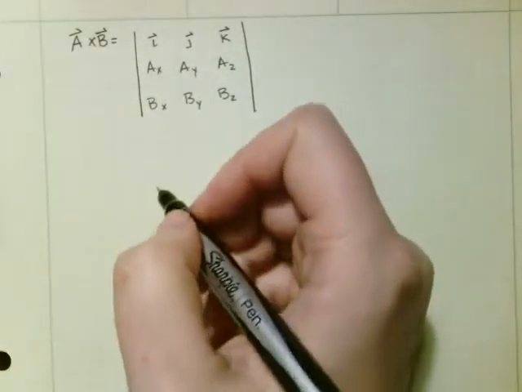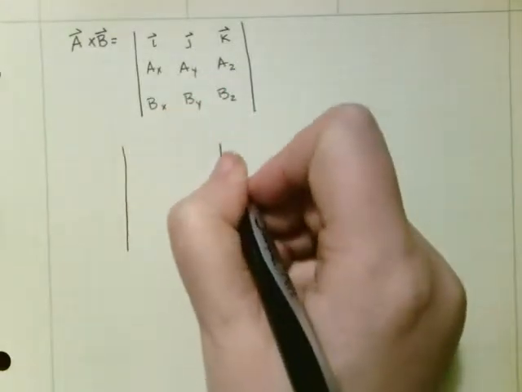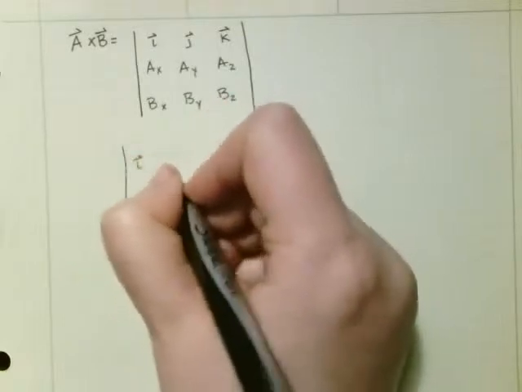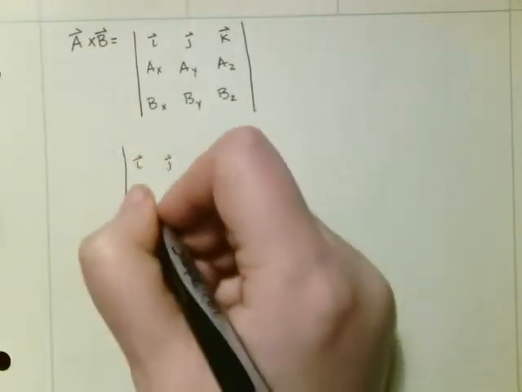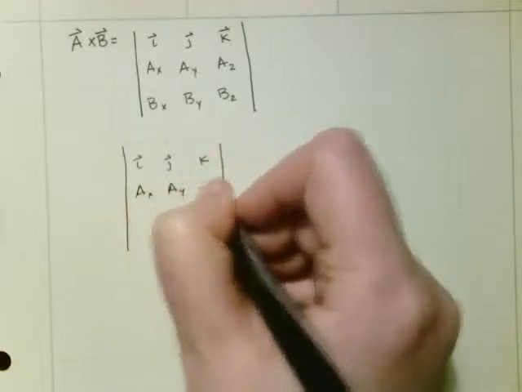So the first thing you do in a determinant is, I'm going to write this simply so that you don't have to write that a bunch of times. But we've got I, J, K, and then we've got the A's and the B's. So I guess I will write it out.